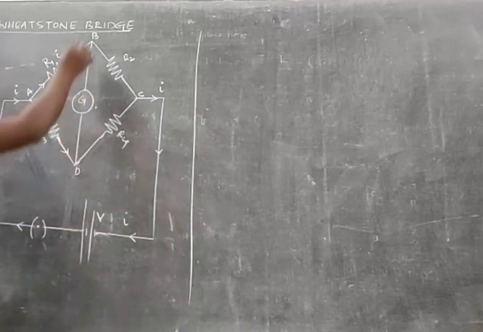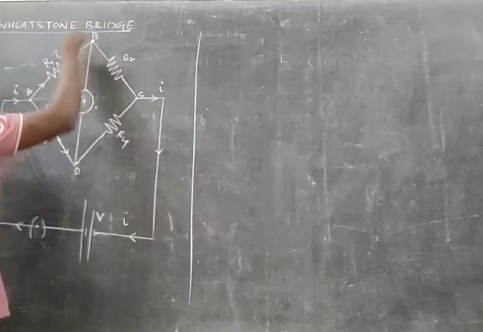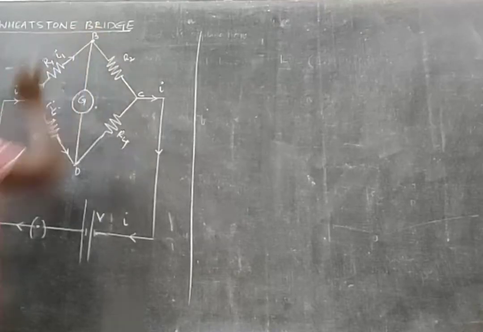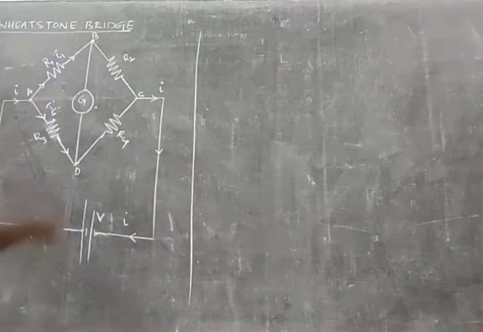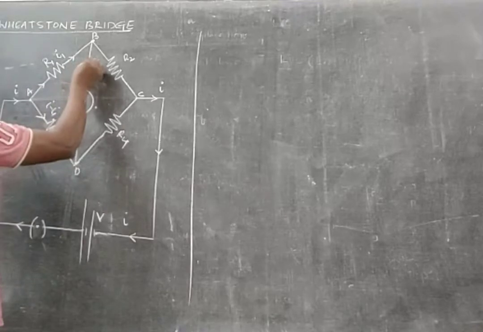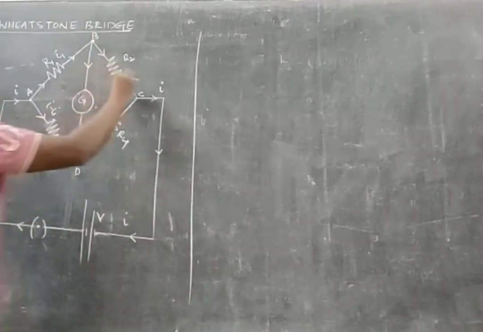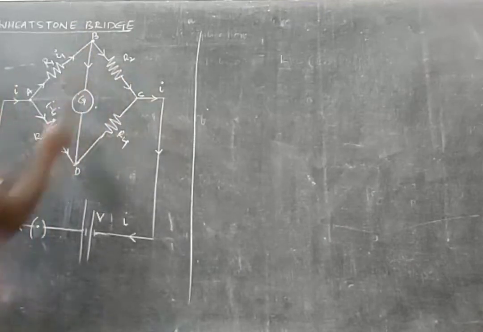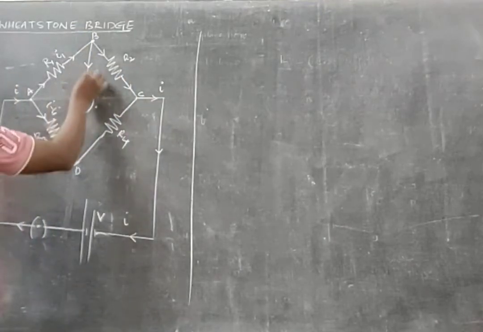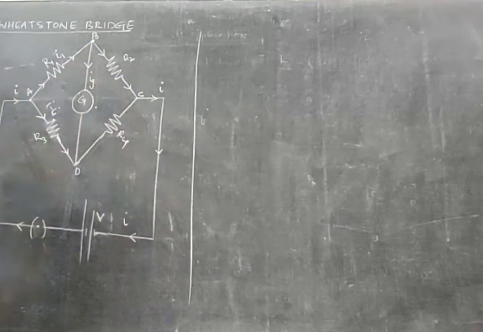Now the current has reached junction B. Look here, there is again a split. There are two components: one is resistance R2, the other is the galvanometer. Let the current in the galvanometer be IG.